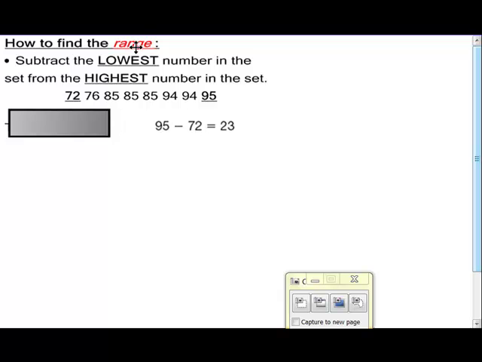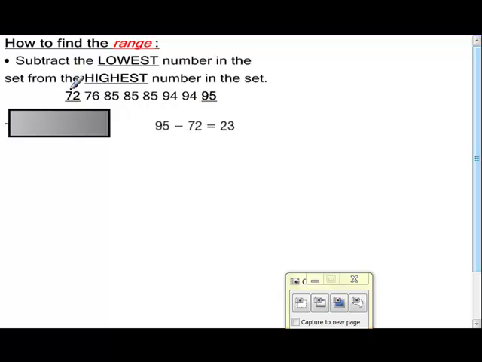Now we're going to find the range. The range is the difference between the highest number and the lowest number. Well, there's a math word for difference, and it's called subtraction. So the first thing we do is put them in order from least to greatest.